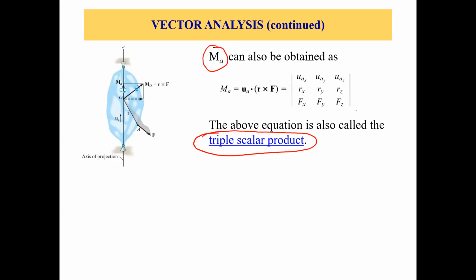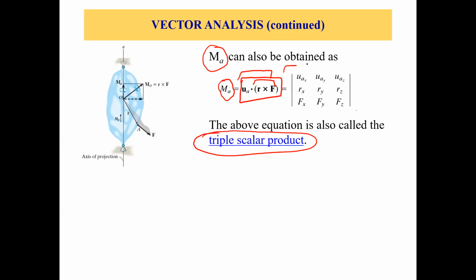Just do one product, which is a triple scalar product. How do we do that? We want to find M sub A, the moment about the a-axis. This is the linear way: U sub A dot product with R cross F. One cross product and one dot product, but we don't want to do that.